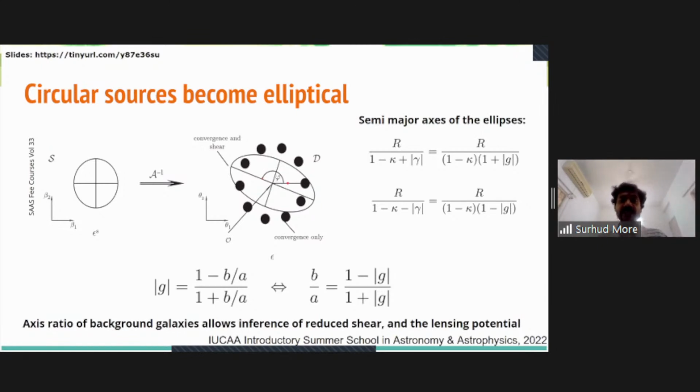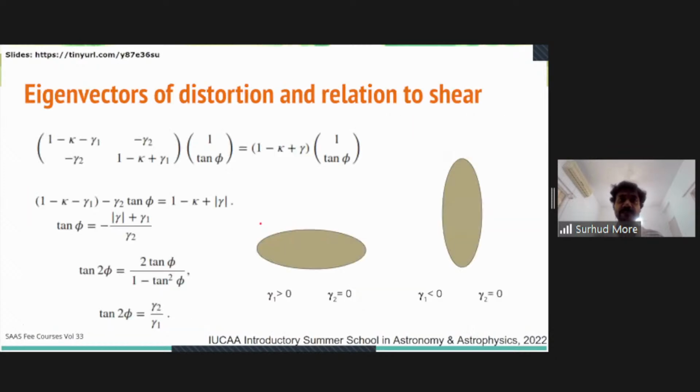You take the tan inverse of gamma 2 by gamma 1, and then divide by 2. So this tells you how you can map out gamma 1, gamma 2, the whole shear field, which is not a scalar. At every point, there is a direction to this field and an amplitude to this field. You can figure out both of these things by looking at the ellipticities of these objects. Okay?